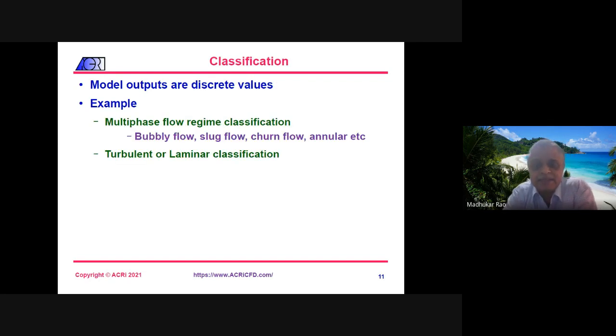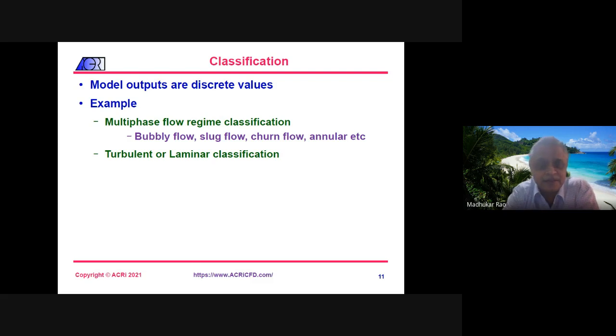Now, there's also another set of problems called classification, where you want your model outputs to be discrete values. One interesting example is that yesterday Dr. Dirbule talked about multi-phase flow regime classification based on pictures, and one option is to use machine learning to do the actual regime classification.